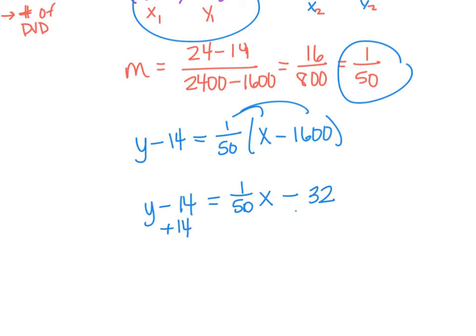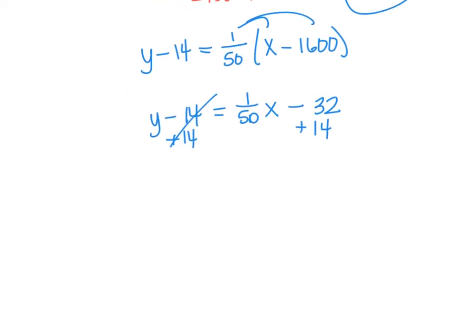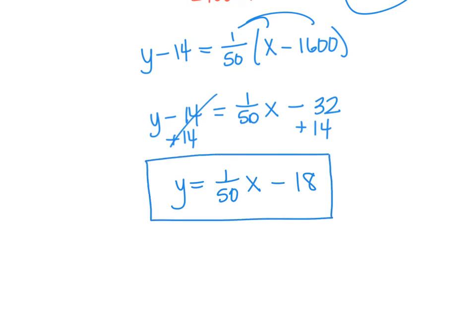And then we go ahead and add 14 to both sides. So we have y equals 1 over 50x minus 18.